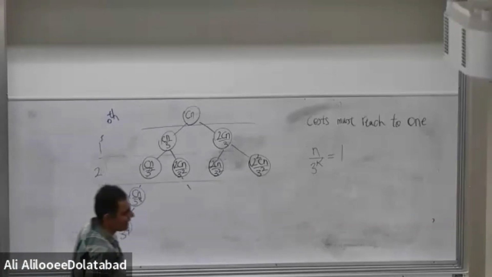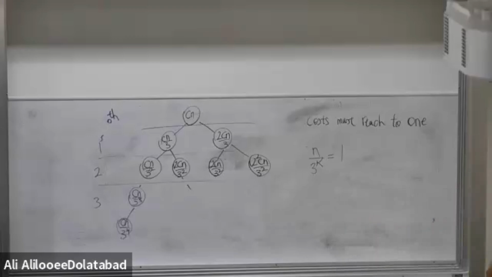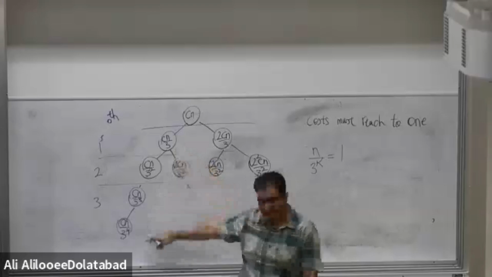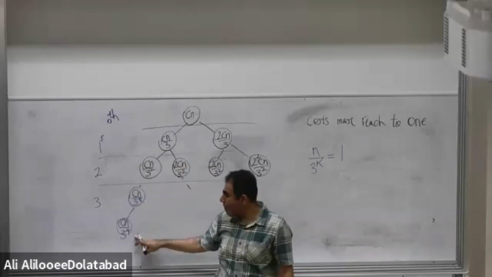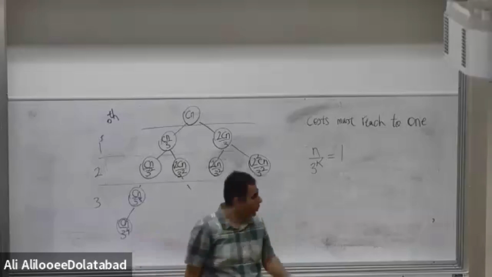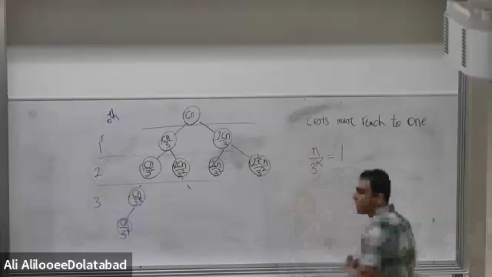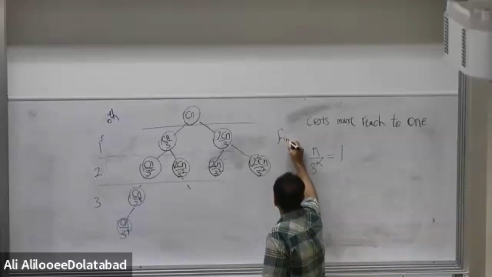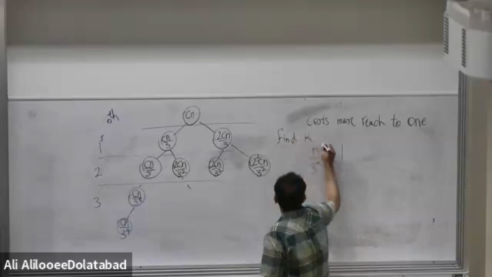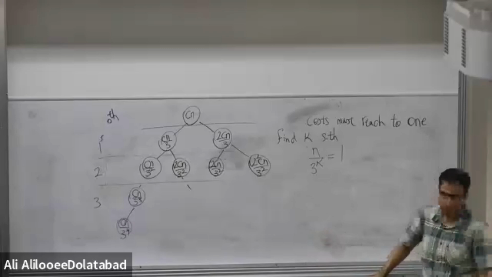It means that from the left side, when you are dividing n by the powers of 3, you want to find the power for which n over 3 to the k is 1. Then my goal here is to find k such that n over 3 to the k is 1.